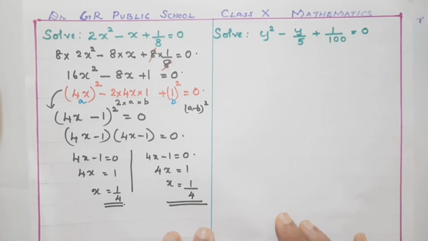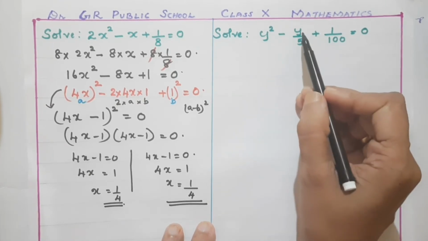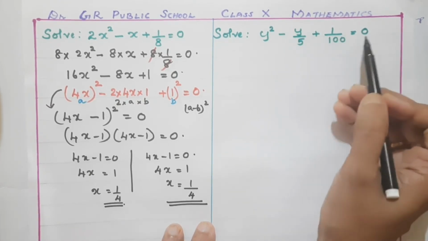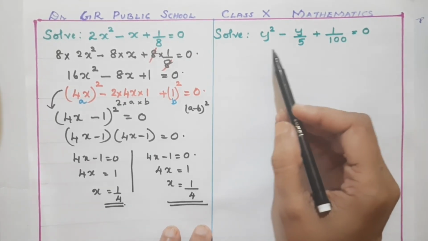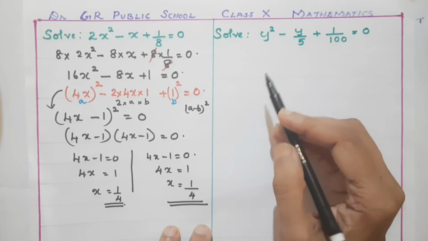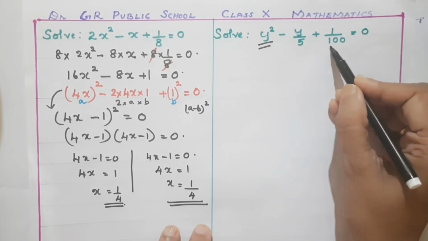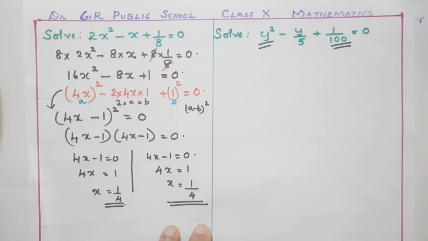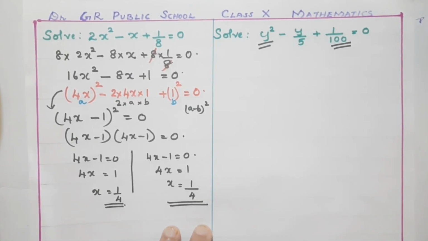Okay, but here you have the equation y square minus y by 5 plus 1 by 100 is equal to 0. Directly you can apply the identity. Why? Here is a square term, this is also a square term. Just verify the middle term, whether it is 2ab or not. If you are not able to do, then you have to think about any other method.